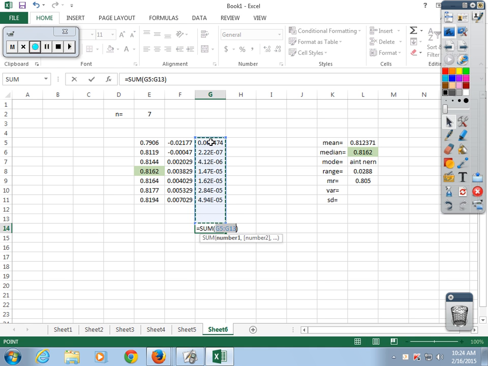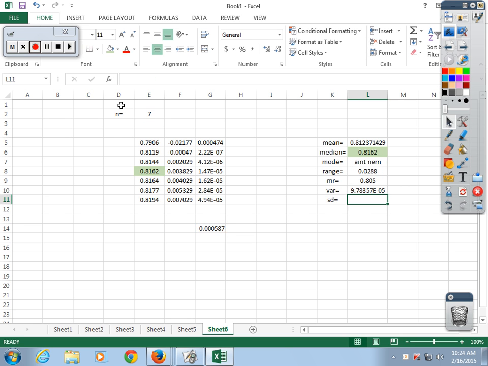Add it up. Thank you. Somebody actually paying attention. Makes me feel better. And then equals this guy divided by parentheses that minus 1. And then what do we do to get the standard deviation from the variance? Raise it to the 0.5 power.